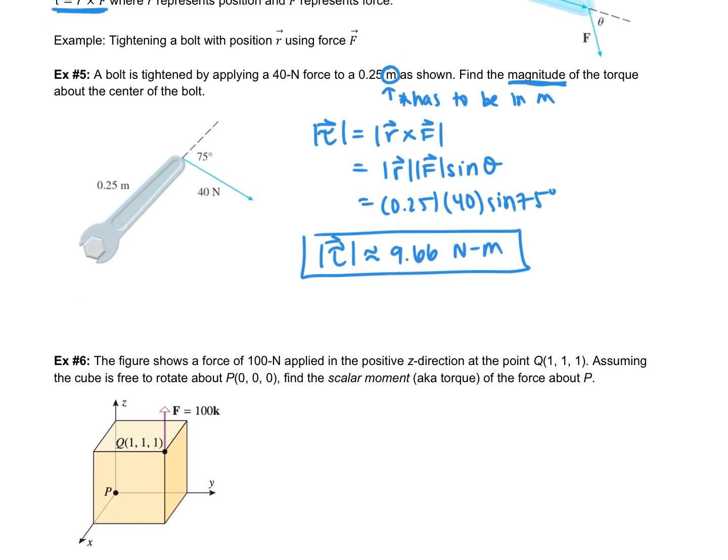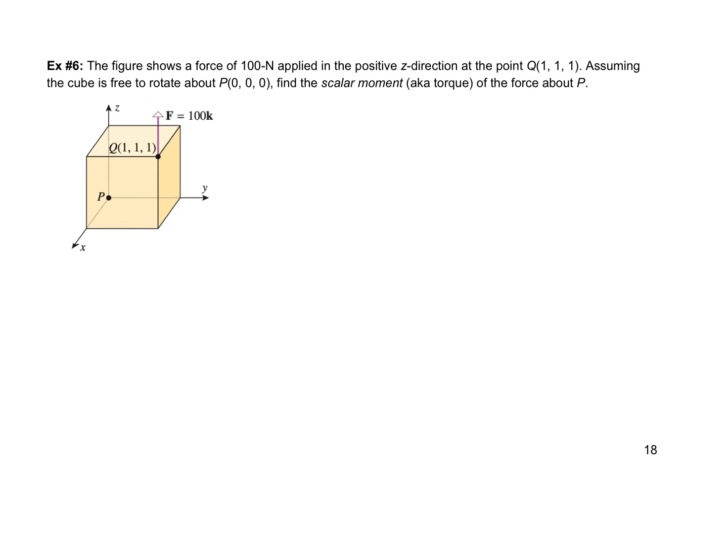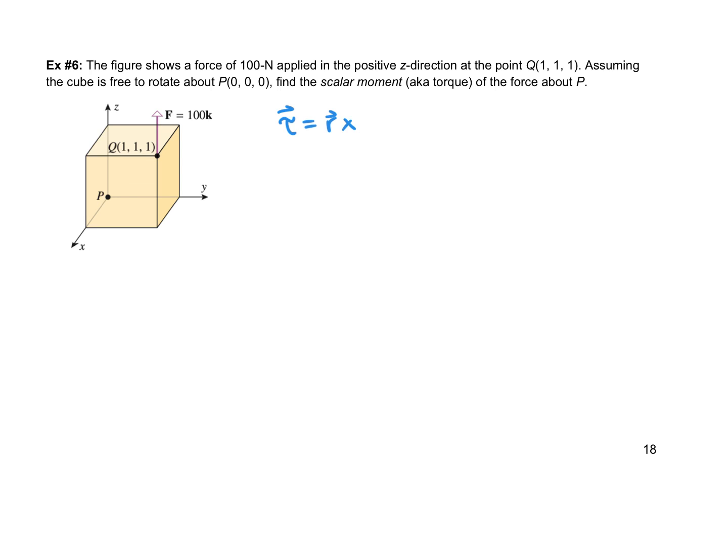Okay, and then finally our last example. The figure shows a force of 100 newtons applied in the positive z direction at the point Q. Assuming the cube is free to rotate about P, find the scalar moment, which is just another term for torque, of the force about P. Okay, so again, torque is going to be R cross F. F we can already see.